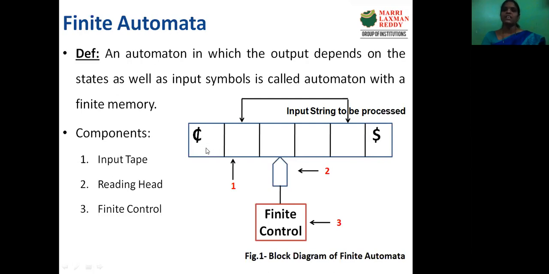So we can see an end marker at the beginning and also a dollar symbol at the end, where these two act as delimiters for the input string, because the automaton, when moving from one state to another, has only a little amount of memory and is not in a position to remember the previous input, that is, where it has been processed.